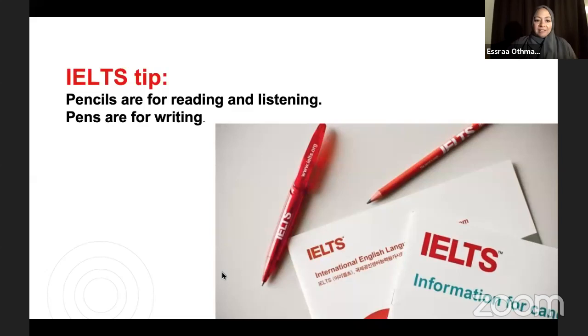Now, Shahir has a question about a high intermediate student. How long does it take for a high intermediate student to practice independently before the exam? Well, this actually depends also on different things. First of all, this student or this candidate has to find out his or her points of strength and points of weaknesses from the skills point of view, like reading, listening, writing, speaking, because each section has certain strategies that they need to practice for.